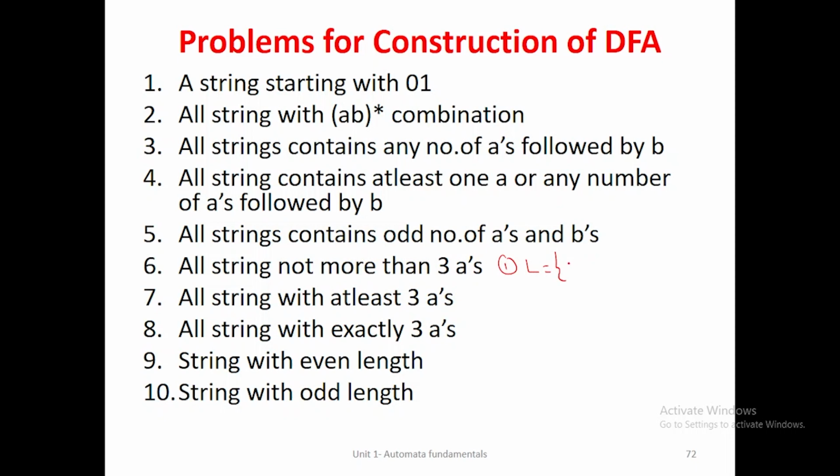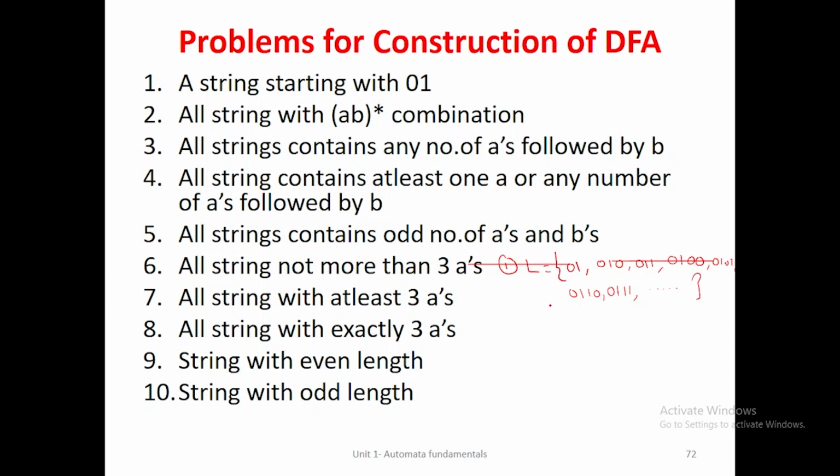All strings start with 0 1, so there is no possibility of epsilon. The 2-letter string is 01. The 3-letter strings are 010 and 011. The 4-letter strings are 0100, 0101, 0110, 0111. Like that, the pattern will be known.